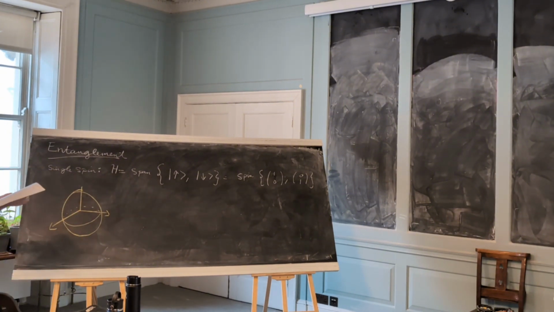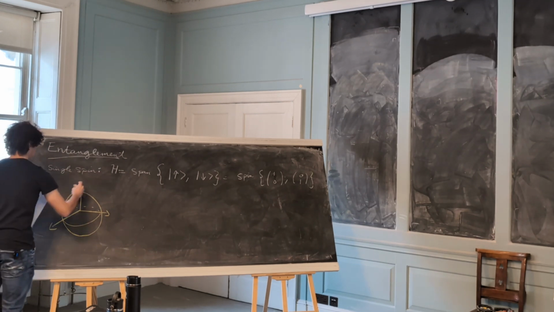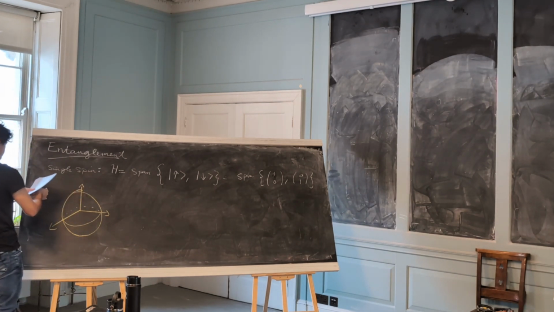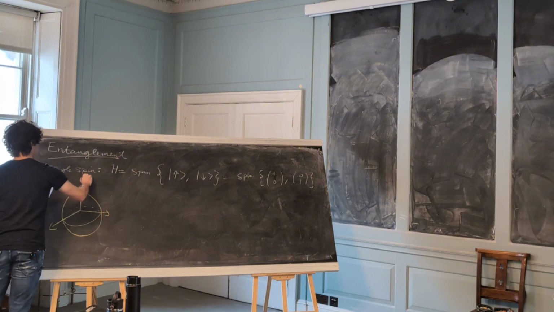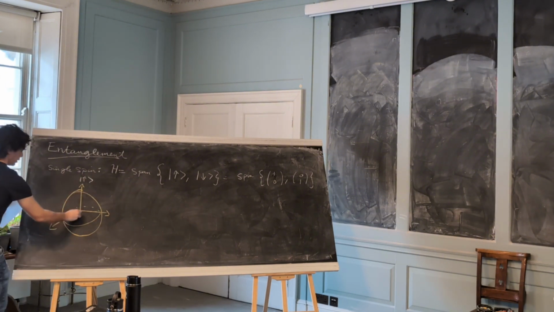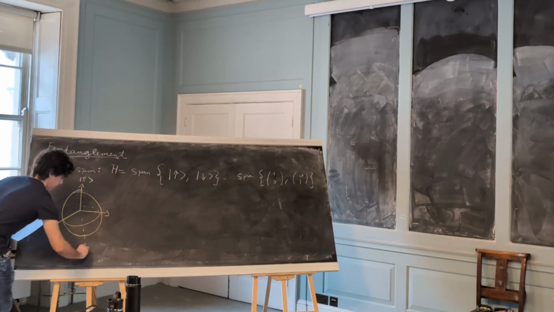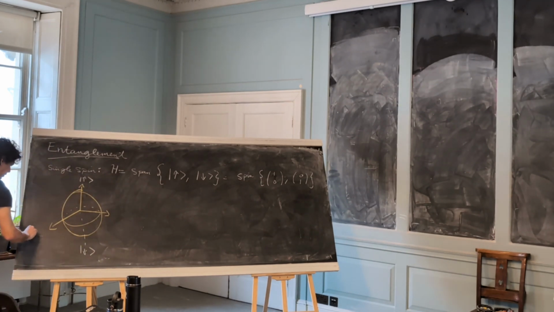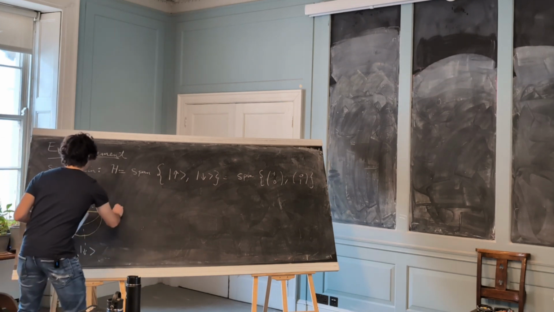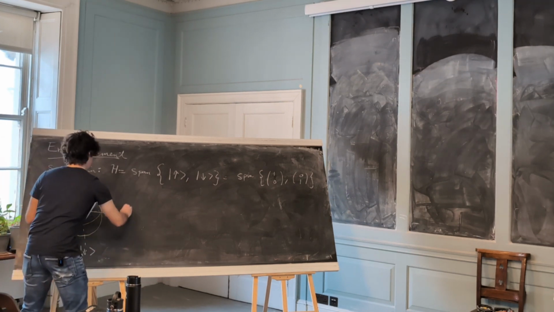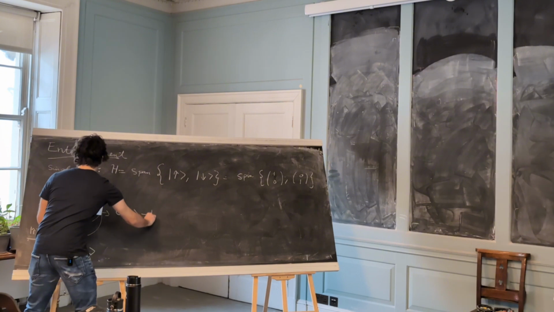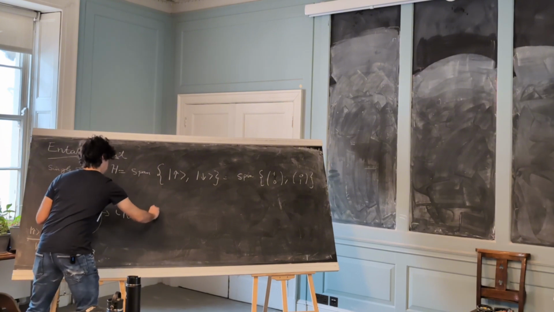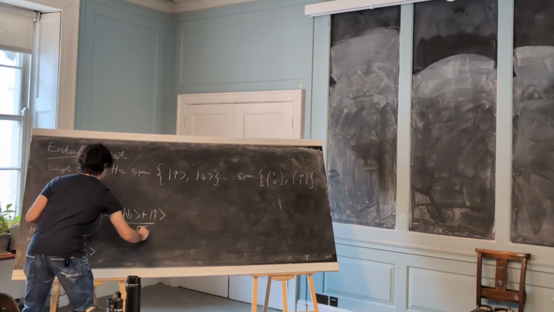People draw this sphere. Up here, you have the up state. Down here, you might have the down state. Over here, you have up plus down over root 2. And over here, you have i down minus up, no, plus up over root 2.